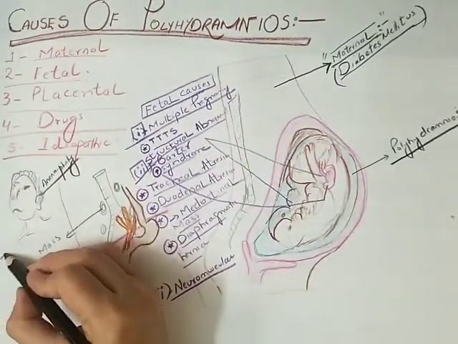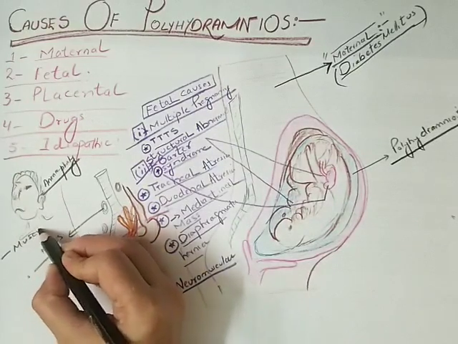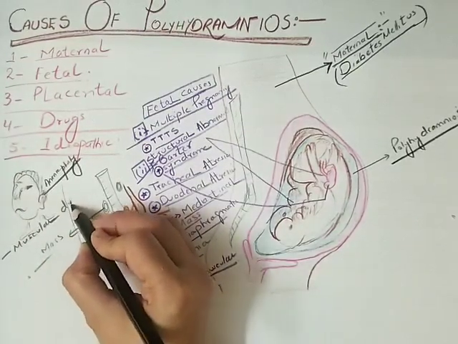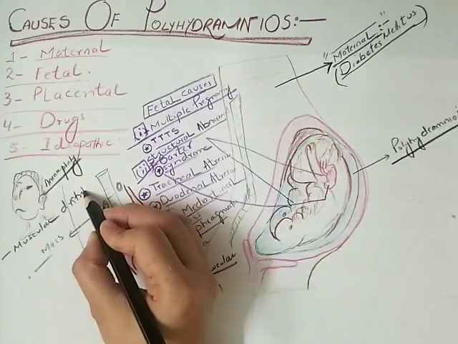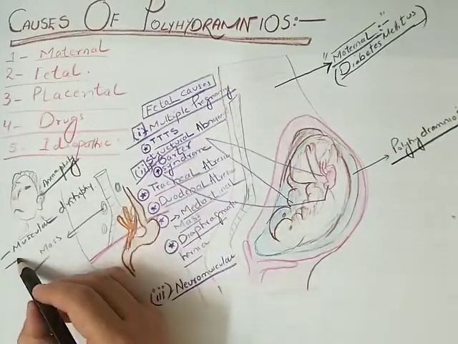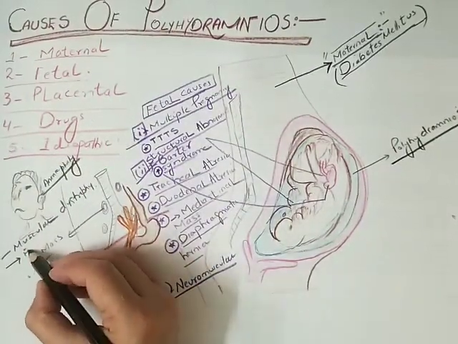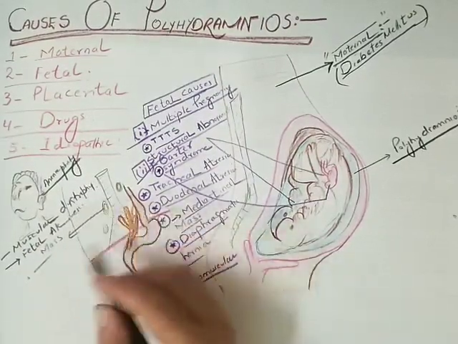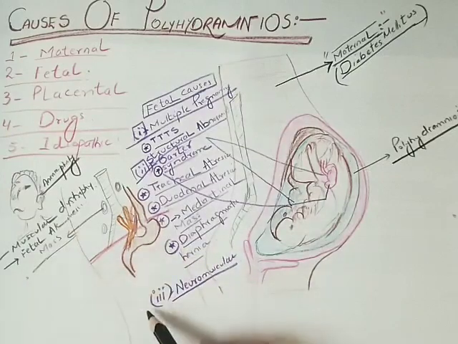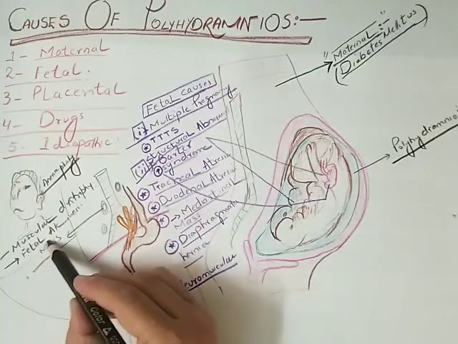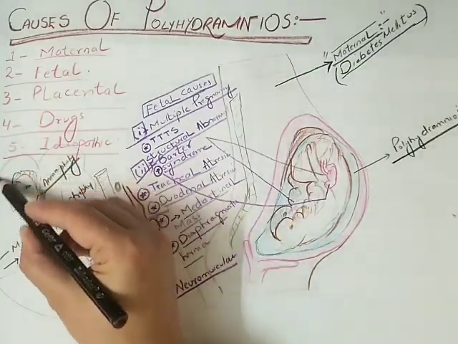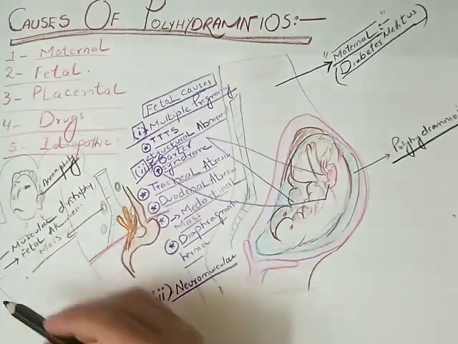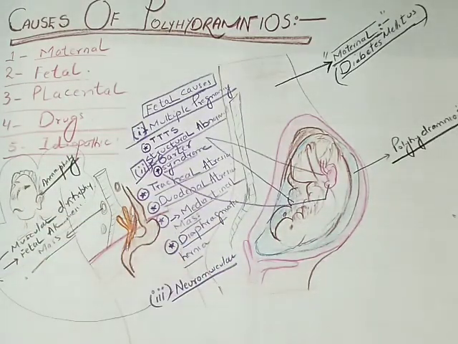Some babies are having muscular dystrophy, and there's another group of babies having fetal akinesia. So these are basically the neuromuscular causes of the polyhydramnios.